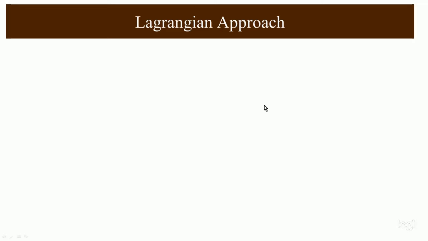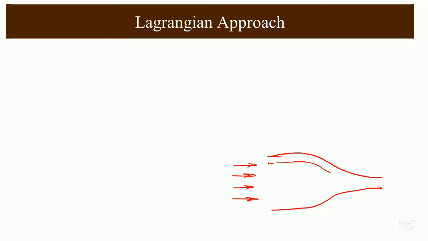Now Lagrangian approach is like this. For example, if we have say a nozzle, let us define a nozzle like this, and there is fluid which is entering here, okay. Now the fluid which is entering here, a particle might be there at this location, will follow this path, okay. Now how do you identify the particle?